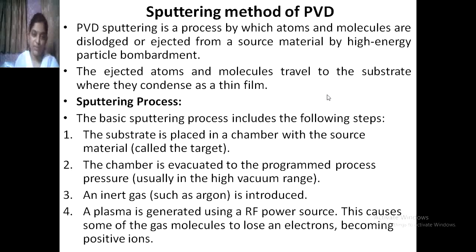In a sputtering process, the basic sputtering process includes the following steps. The substrate is placed in a chamber with the source material, known as the target.